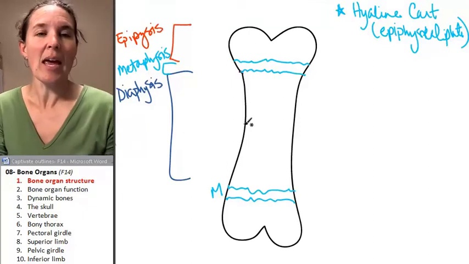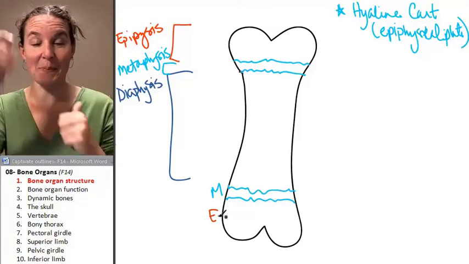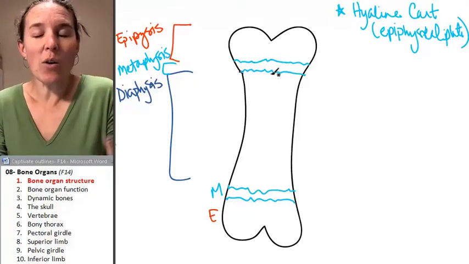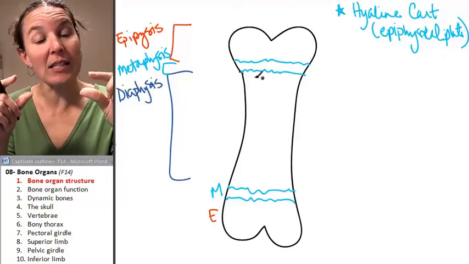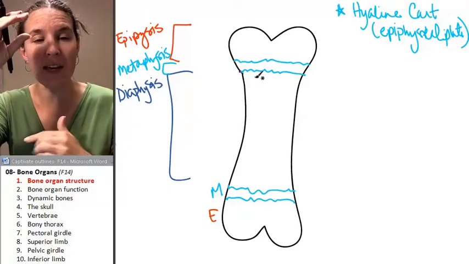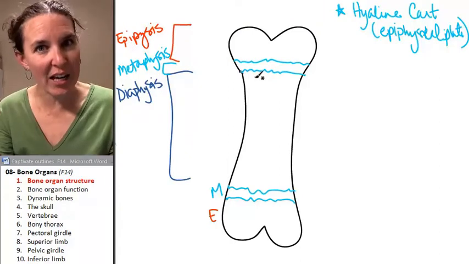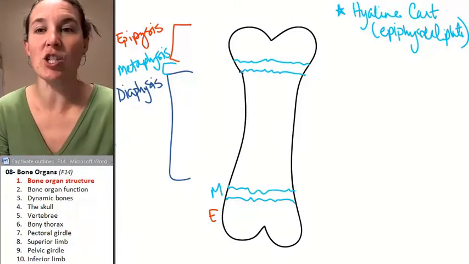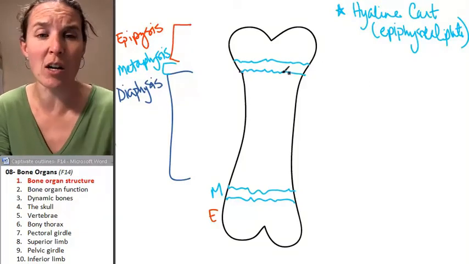Epiphysis. And there's an epiphysis at both ends. We're going to look at all the tissues and all the structures, but the epiphyses are both the ends. The metaphysis contains the epiphyseal plate, but that's an area, and the diaphysis is the shaft. These are just other names for the parts of the long bone.